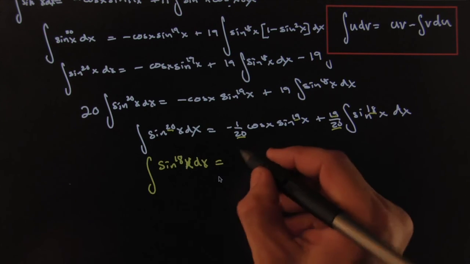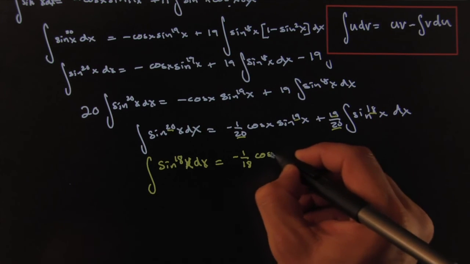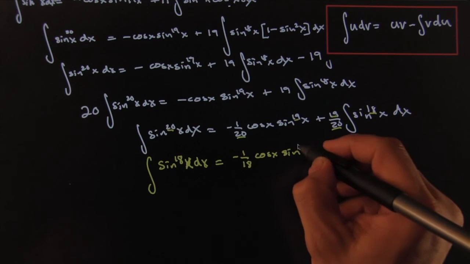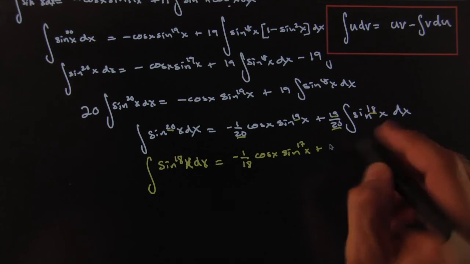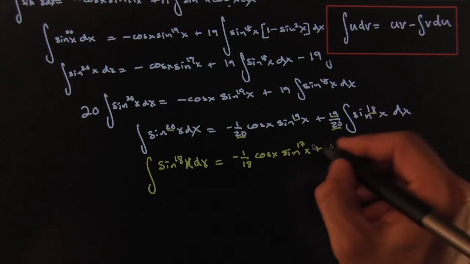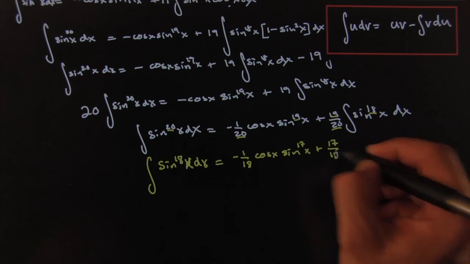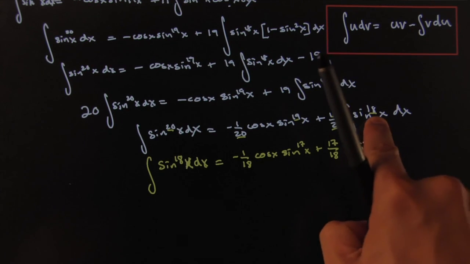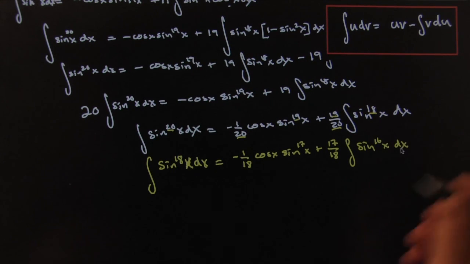Now it's 18, so it would be negative 1 over 18 cosine of x sine, not 18, but 1 short of 18, 17x, plus, again 1 short of the 18, that would be 17 over 18 integral of sine of, again this would be 2 short of the original one, 16x dx.